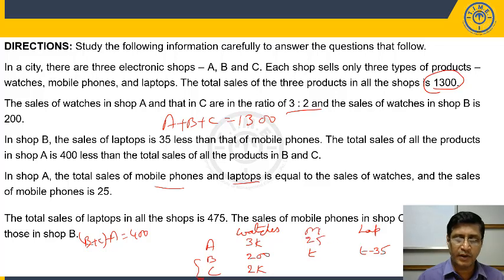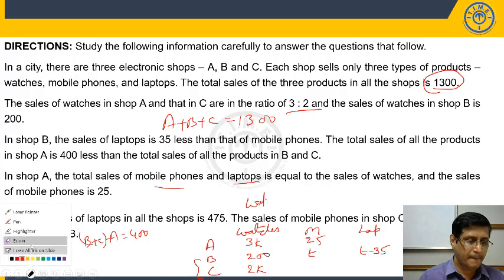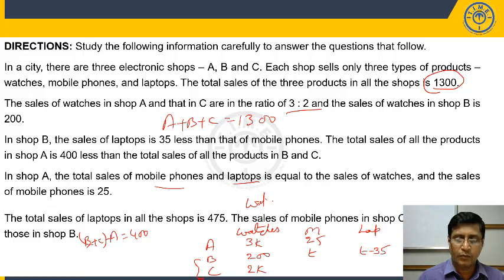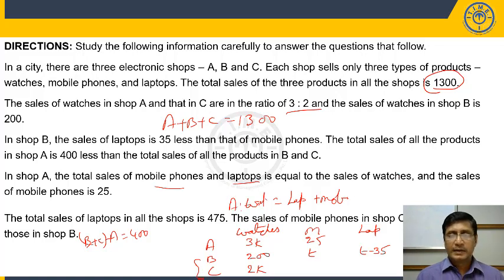So watches is equal to laptop plus mobile phones in A. And the total sales of the laptop in all the shops is 475.